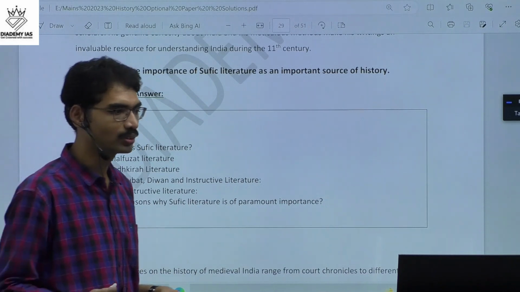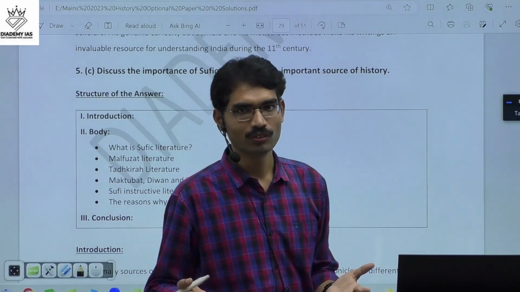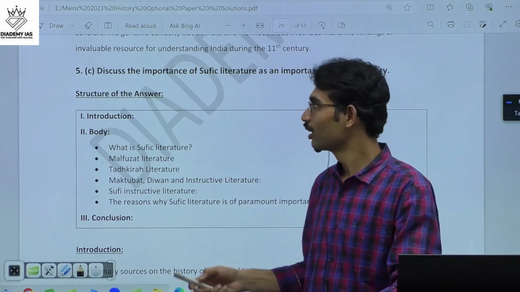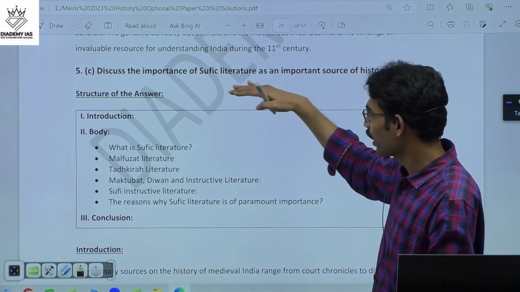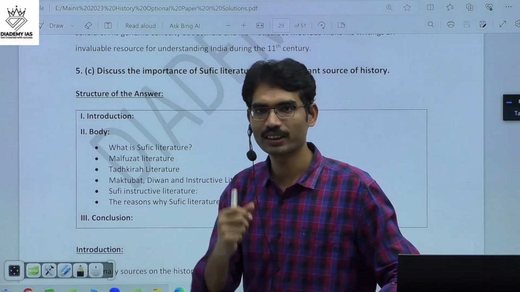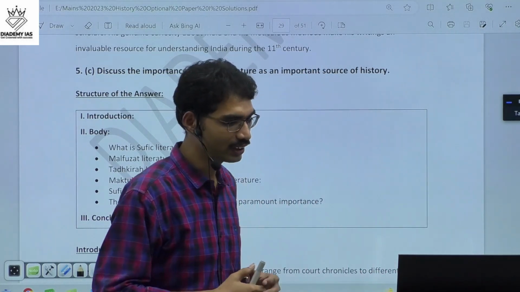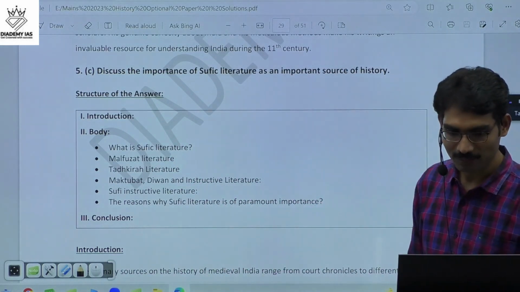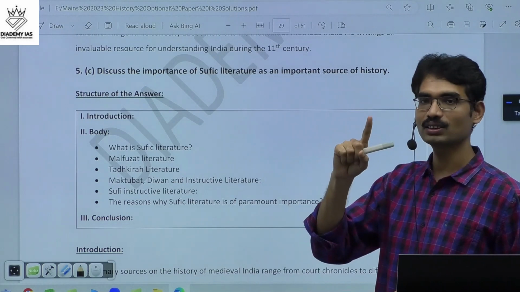It is asking about what we know from Sufic literature about India's history. First of all, we should know what is Sufic literature. And there are different literatures associated with it: Malfuzat texts, Maktubat, yes, very good. And this is one example.